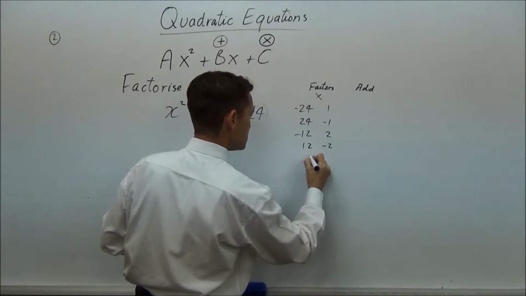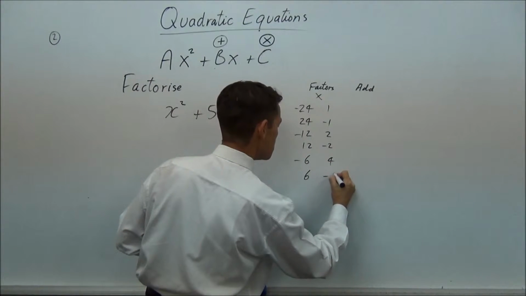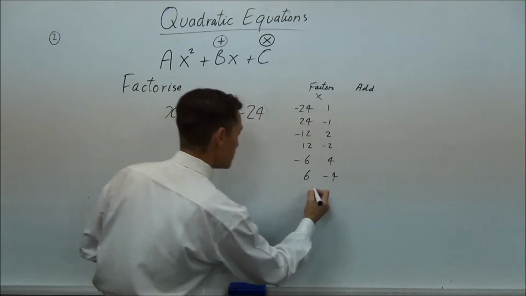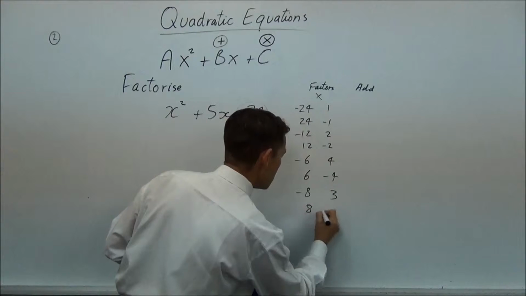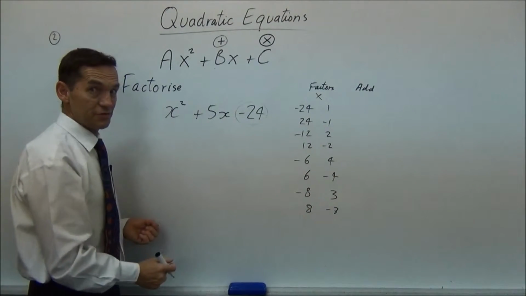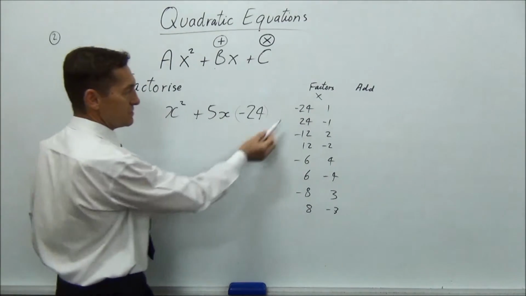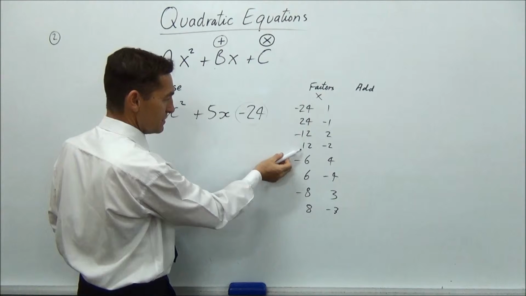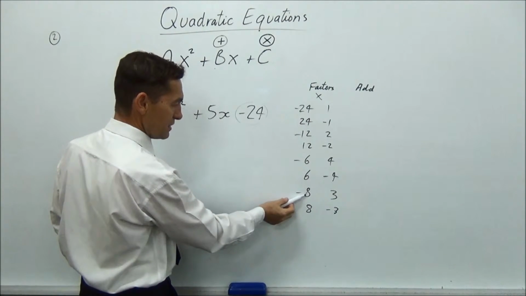And we've got 6 times 4, or minus 6 times 4, 6 times minus 4, and we've got minus 8 times 3, and 8 times minus 3. So you've got a lot of factors to choose from this time. We want it to add up to plus 5, so no, no, no, no. 6 and 4, no. Here we go.